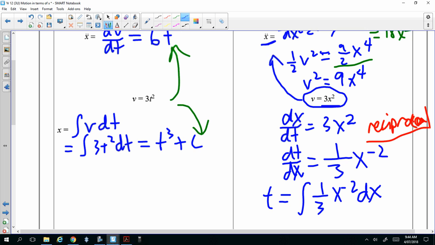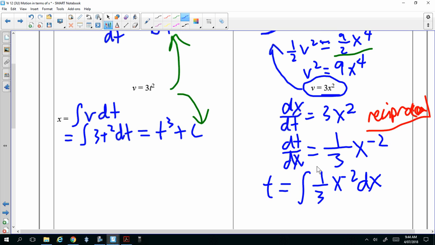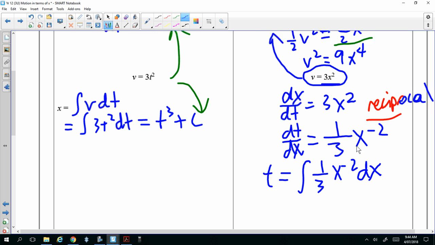So you get 1/3 x to the power negative 1 over negative 1 plus c. I won't be finding c. I didn't give you any initial condition, but you know how it works by looking at the condition.